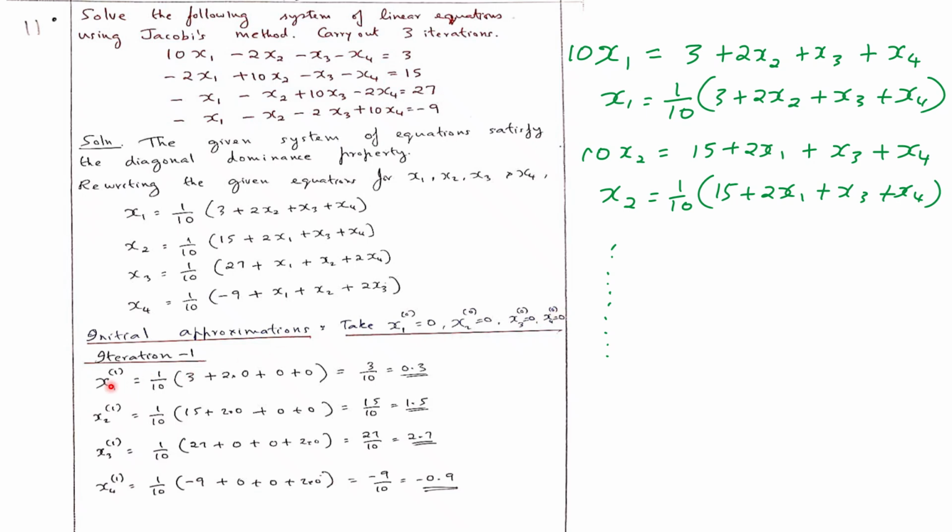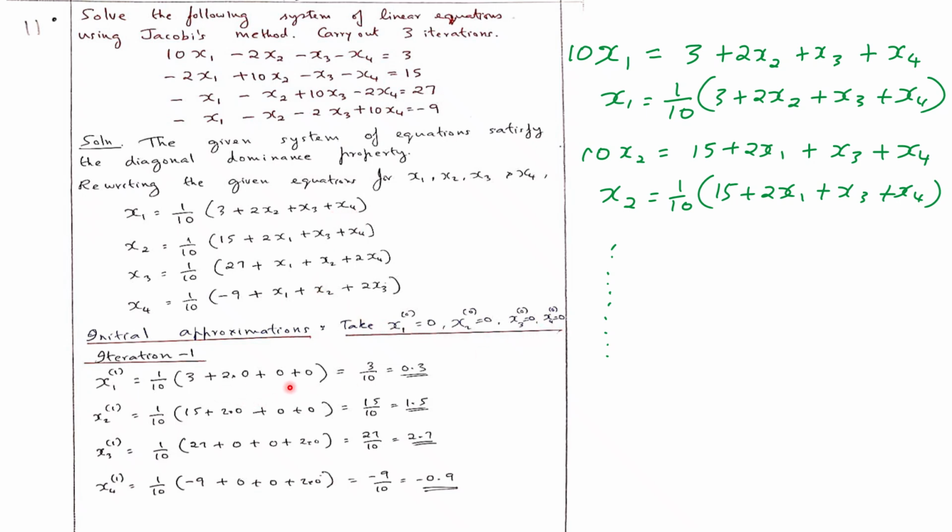In iteration 1, I represent x1 with the superscript 1, which represents the first iteration. Similarly x2, x3, x4 with superscript 1; all this gives me iteration 1. Wherever there is x1, x2, x3, x4, you substitute 0.